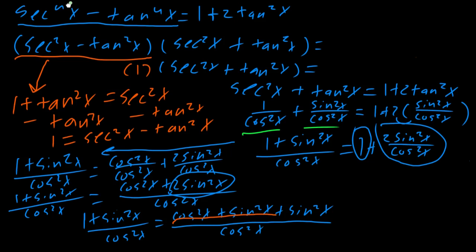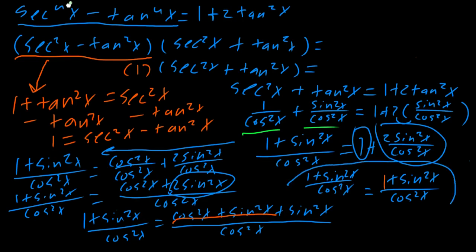This looks familiar because that's one of our Pythagorean identities. So cosine squared of x plus sine squared of x is just 1. So we have 1 plus sine squared of x over cosine squared of x, which is the same on the other side. There we have it.